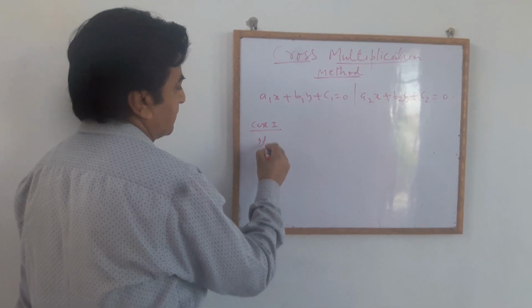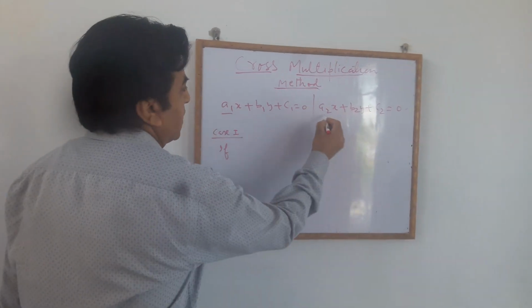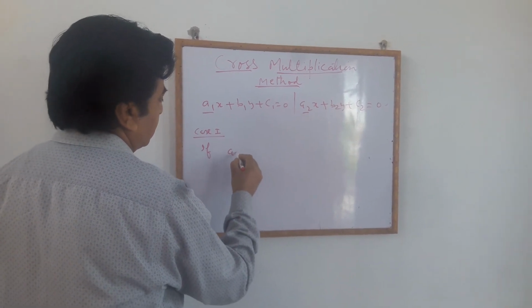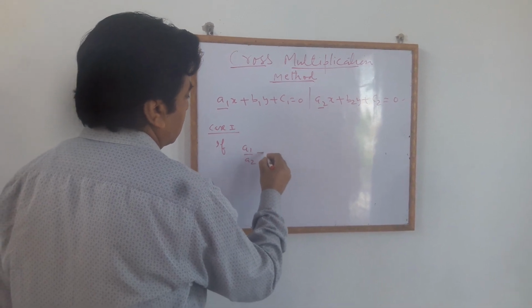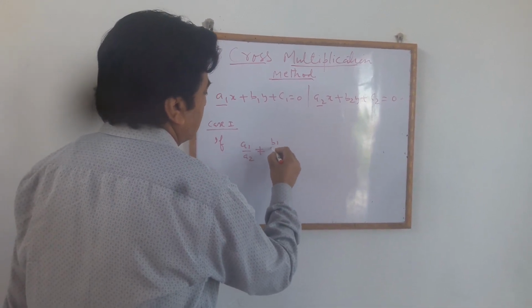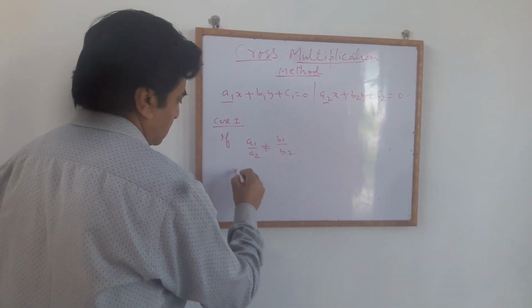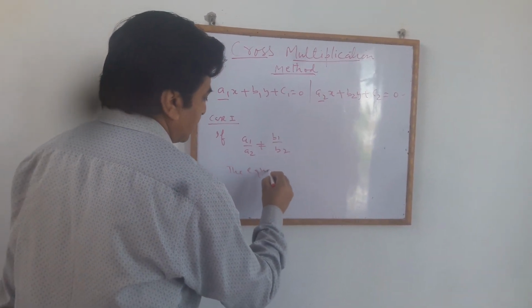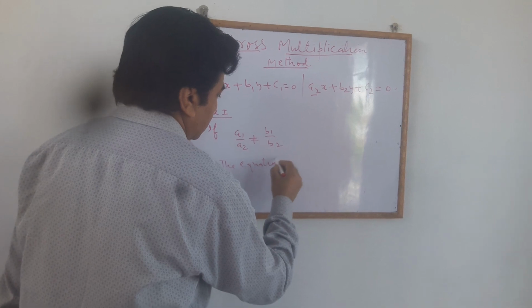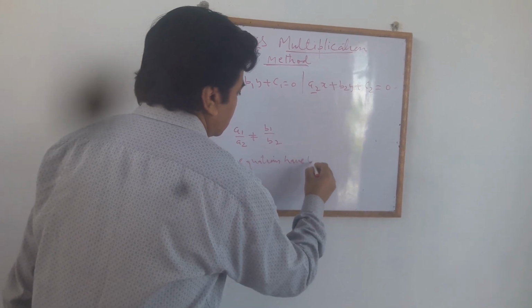Case 1: if a1 upon a2 is not equal to b1 upon b2, the equations have unique solution.